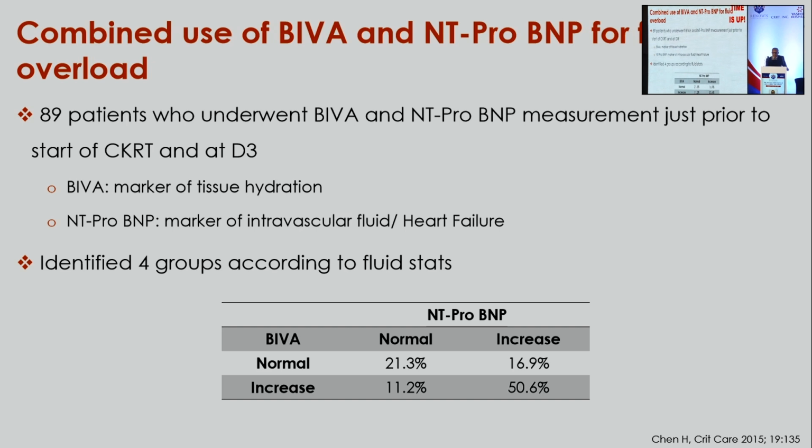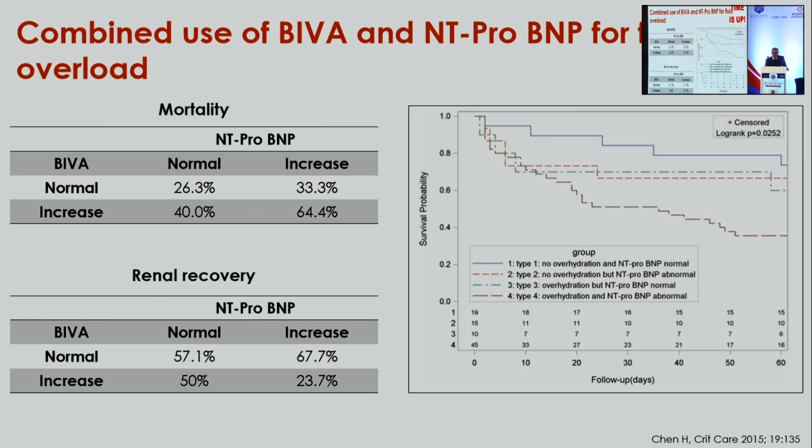They measure the BIA and the pro-BNP to get an assessment of the composite fluid state of the patient and how this fluid is distributed, whether as total body fluid or within the intravascular compartment as a consequence of cardiac dysfunction. And that would help us to decide on the strategy or the intensity of fluid removal.